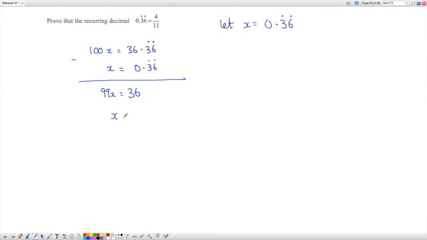To find out the value of x, we're going to divide 36 divided by 99. So we have x here, dividing through by 9, 4 over 11. x is equal to 4 over 11. We made x equal to 0.36 recurring, so this proves that the recurring decimal is equal to 4 over 11.